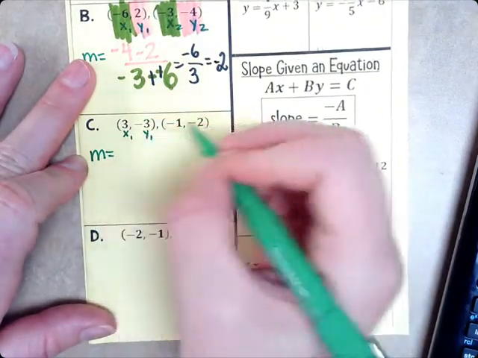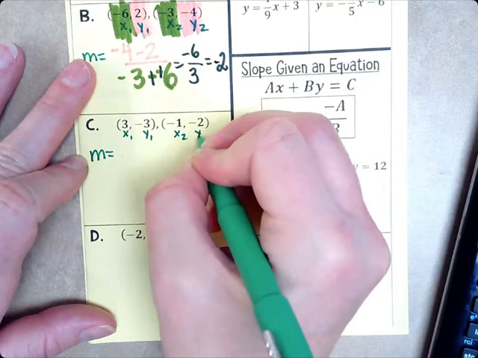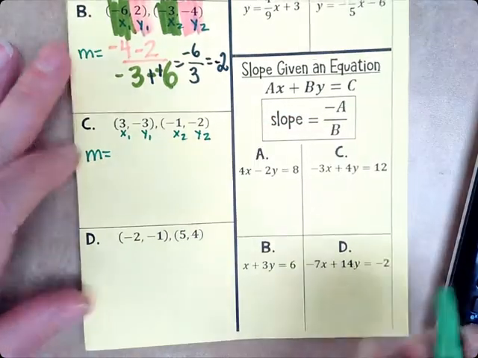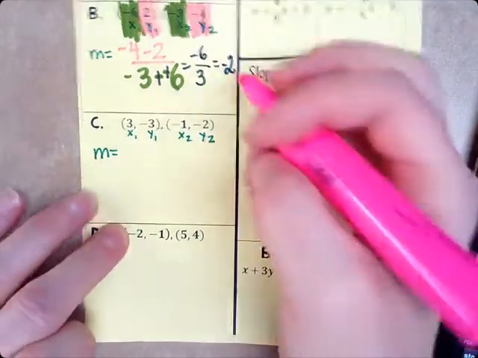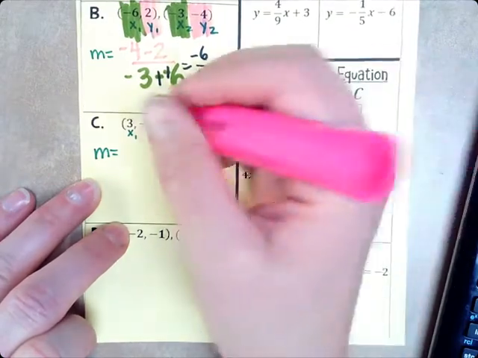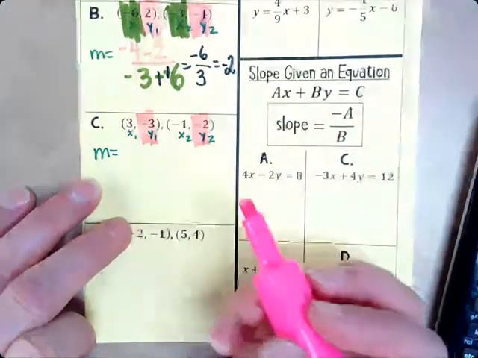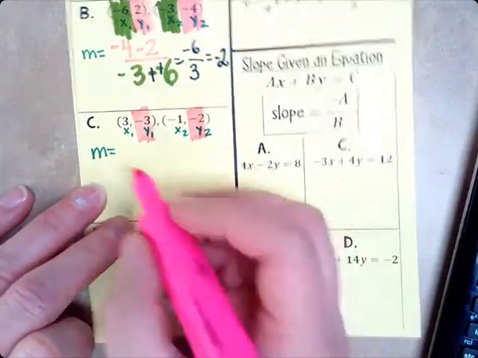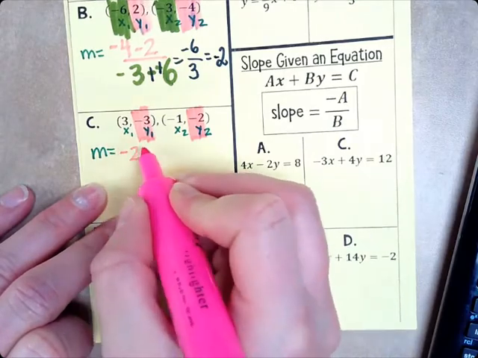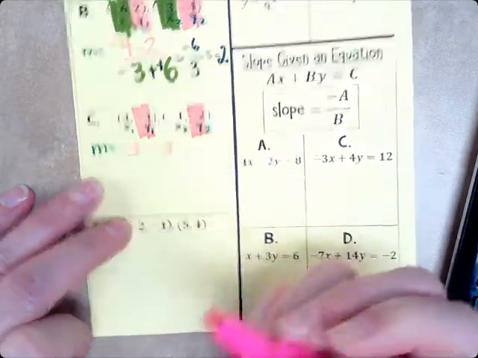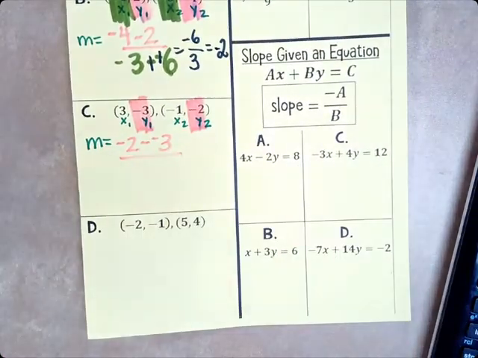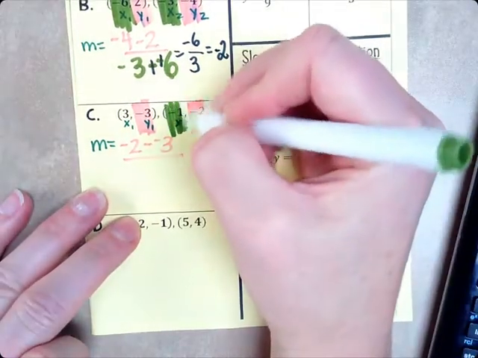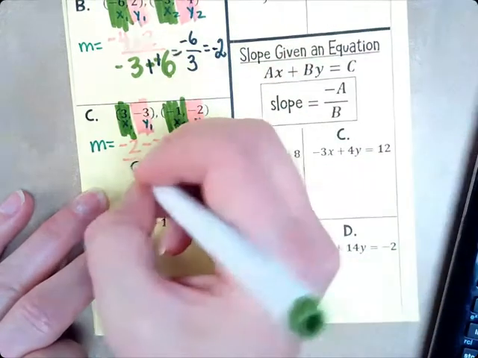x1, y1, x2, y2. So y2 minus y1, so -2 minus a -3, over -1 minus 3.